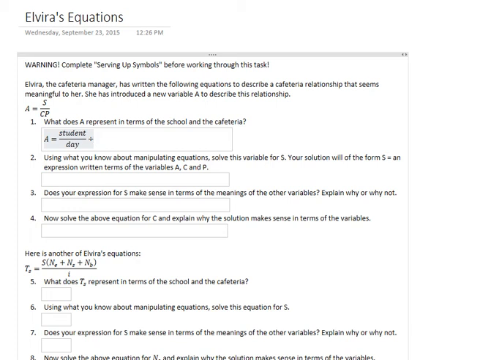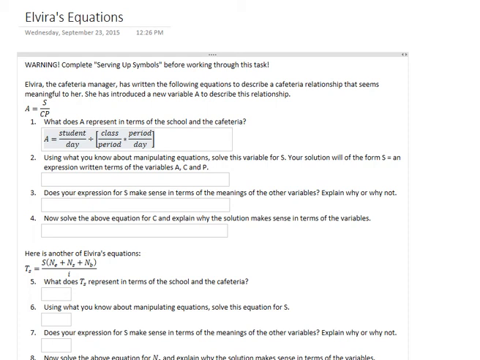I actually prefer to write them side by side because it makes them a lot easier for me to read. It also makes it so that when I'm doing the fraction stuff, all the cross canceling, I already can eyeball some of it from where I'm at. It's just an easier thing for me. It's much more convenient. And then C stands for classes per lunch period times periods per day.